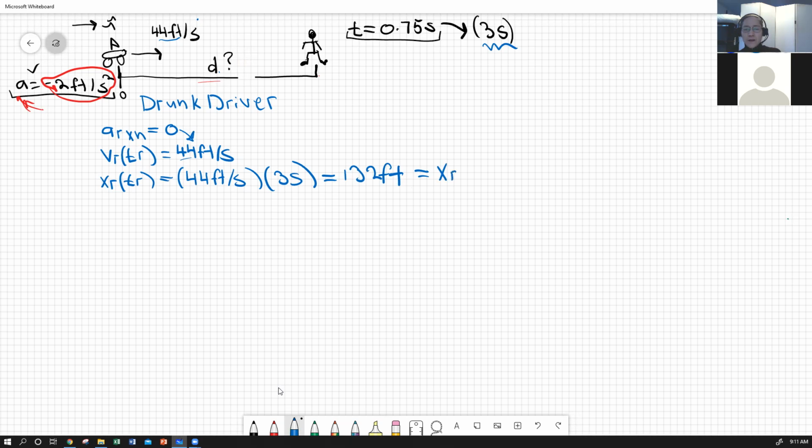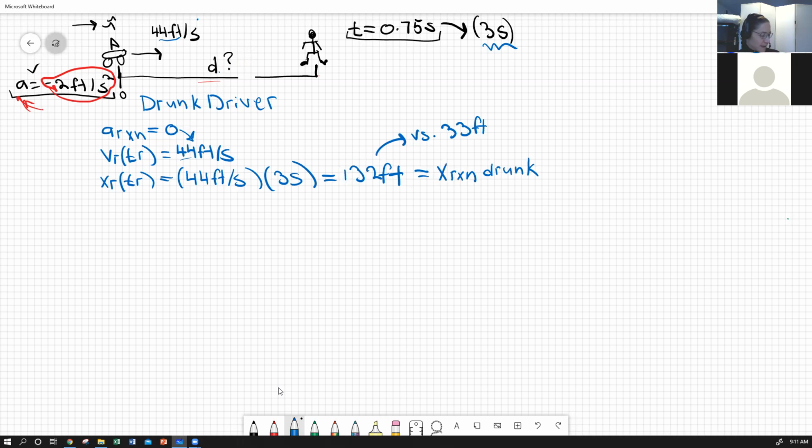Yay. Okay, so this is the distance traveled during the reaction time for the drunk driver. This is versus 33 feet for the non-impaired.